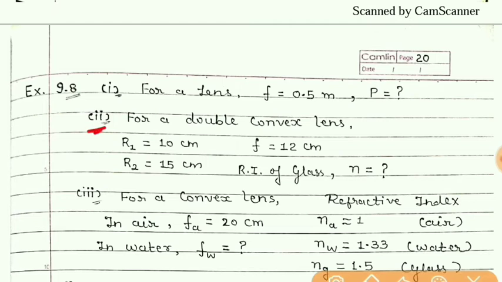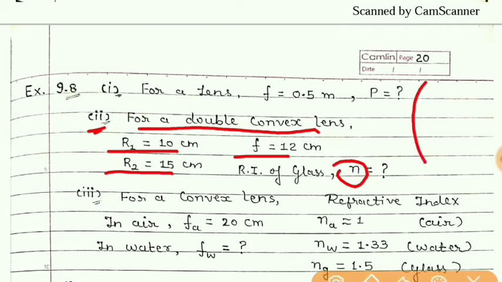Then second, for a double convex lens, means both the side the surface is convex like this. So for a double convex lens, radius of curvatures are given, its focal length is also given, and we want to find the refractive index of the material of the lens.